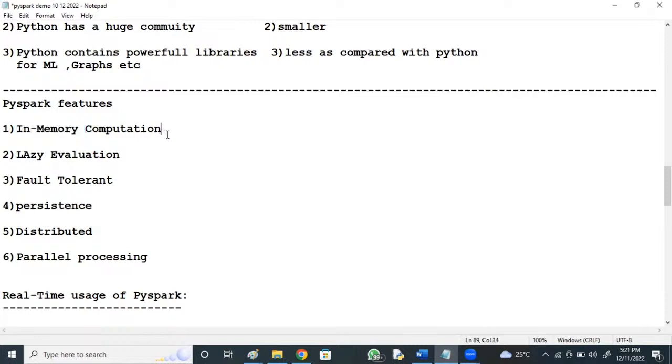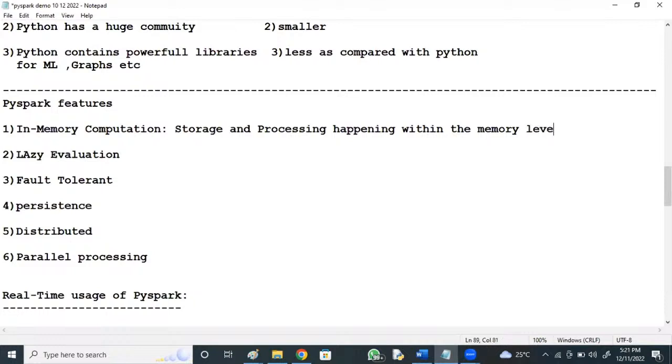In memory computation is nothing but storage and processing happening within the memory level. We'll discuss these features in brief again. A single definition is important: storage and processing happening within the memory level.